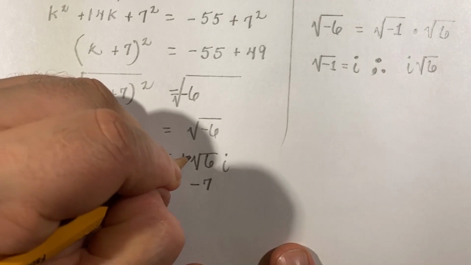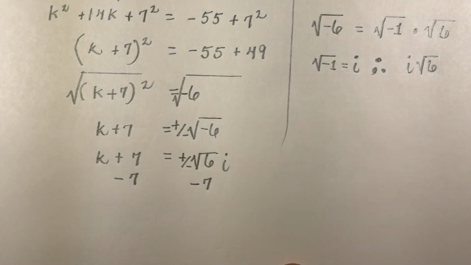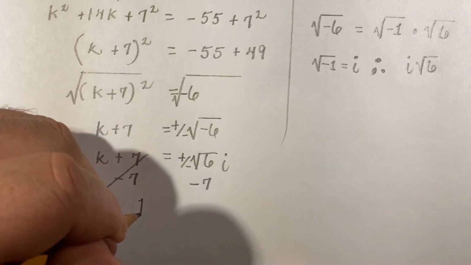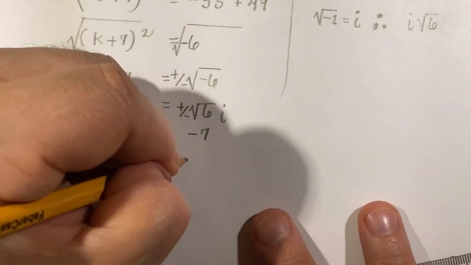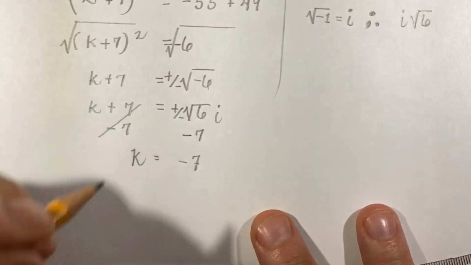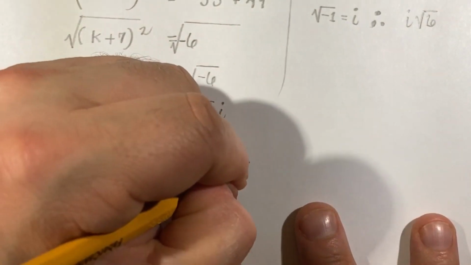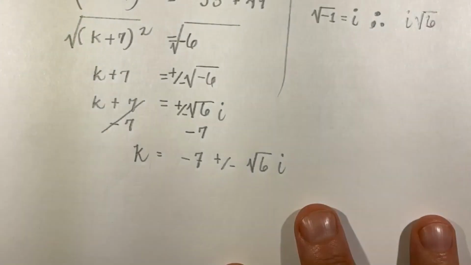Remember, this is plus or minus. You should always remember that. And so cancel out the 7s, and now we have k equals. All right, what does k equal? k equals negative 7. You always write the real number first, plus or minus the square root of 6 i.